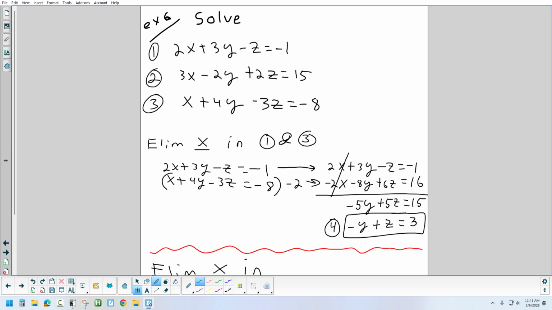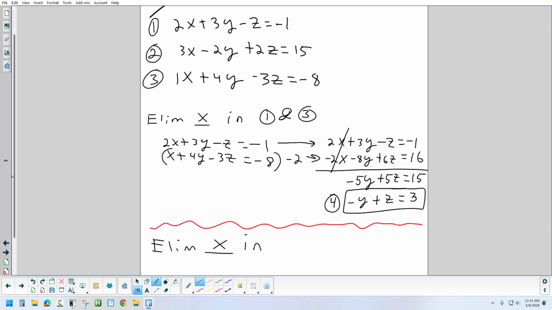Well, your options would be you could either pick 1 and 2, or you could pick 2 and 3. I thought you meant you couldn't use either 1 or 3. Oh no, you just can't use the pair of them together again. Then 2 and 3. Yeah, 2 and 3 would be a really good option because of this 1 right here. So you really want to keep using 3. So let's use 2 and 3.